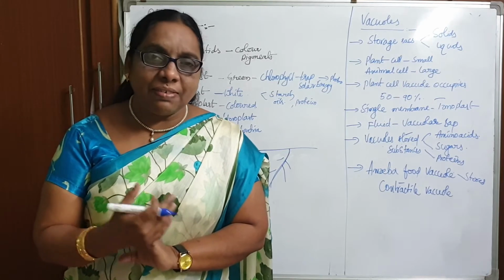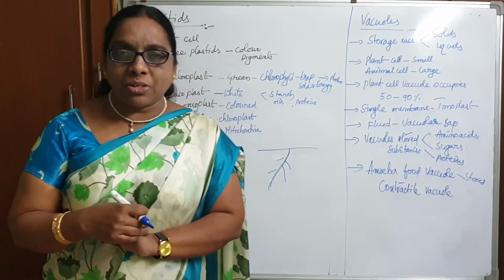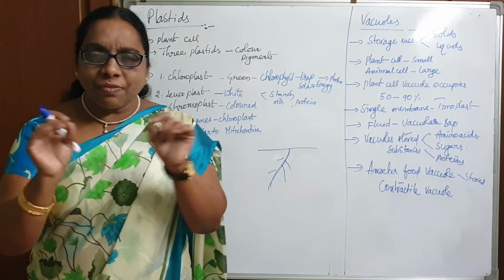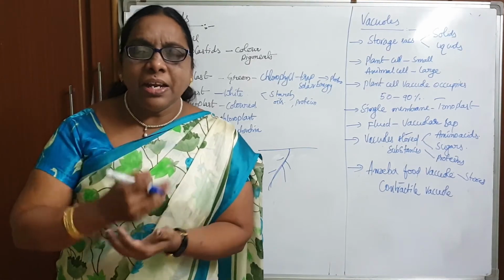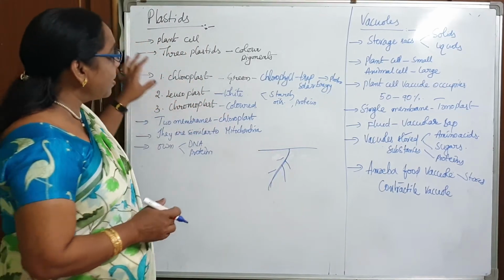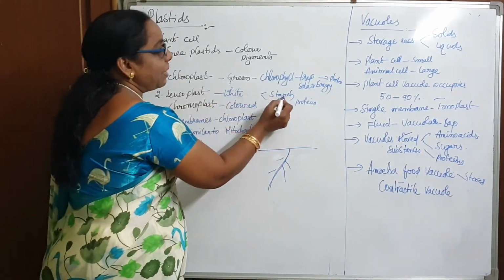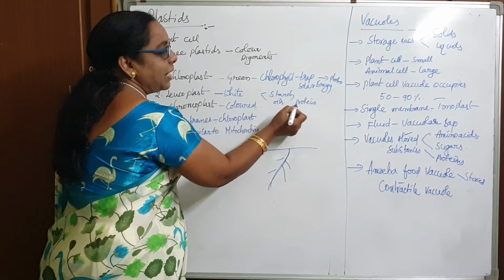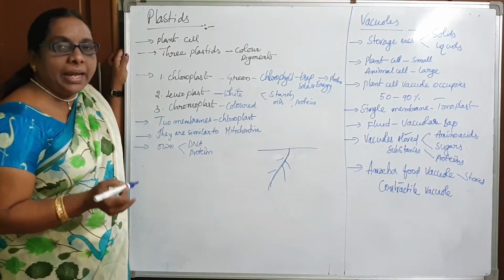In covered areas, if you observe the stem, it is green in color, but if you take out that green color, it is white. The main function of the leucoplast is to store starch, oils and proteins.